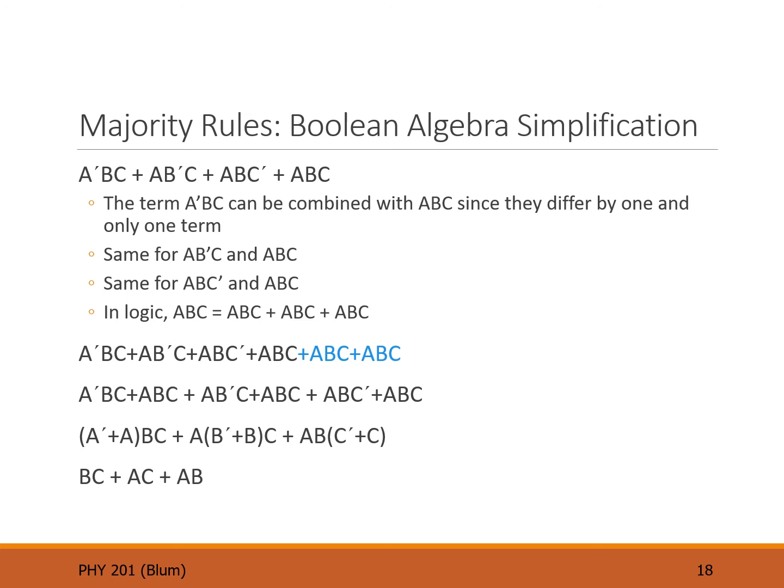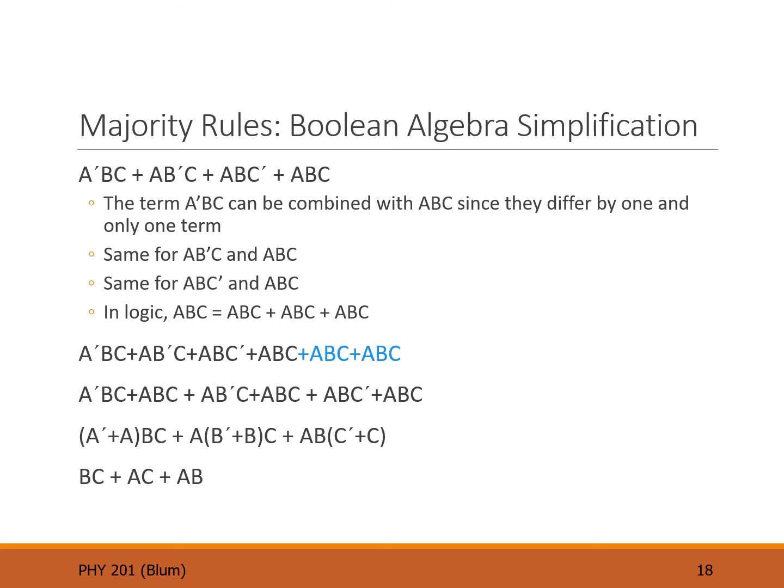A B C prime and A B C differ by only one term, C. So everybody, the first, then the second, and the third term, would all like to get together with the fourth term, A B C. Well, in logic, we can do this.